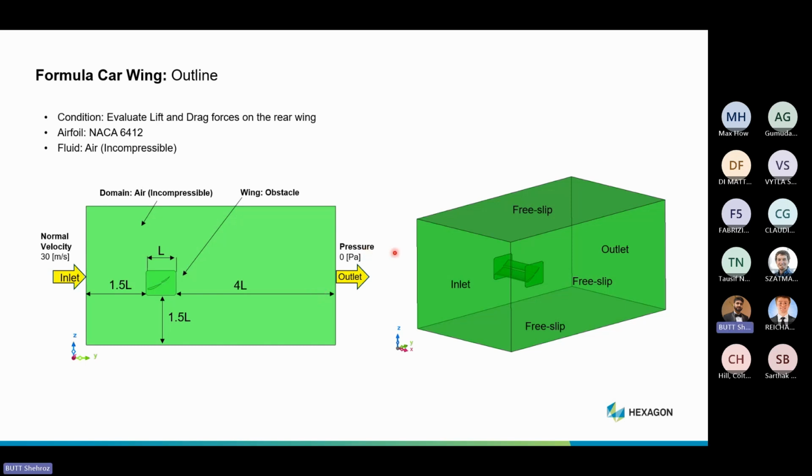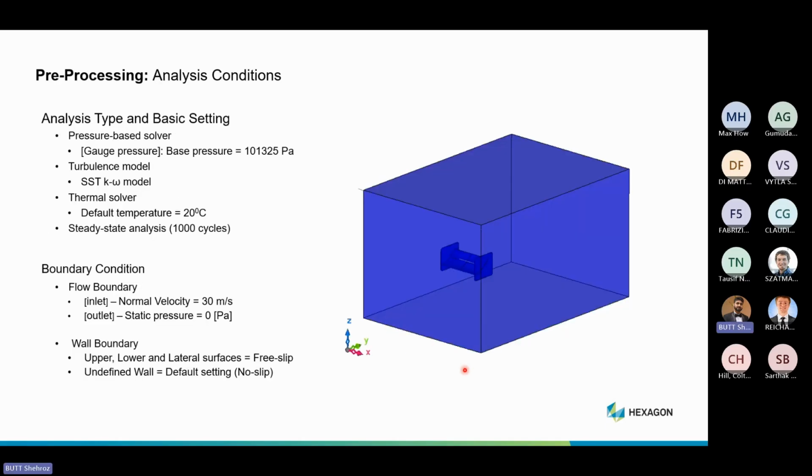Okay, and in terms of fluid, we are dealing with air, and our wing is modeled as an obstacle, so there are no material properties applied to the wing. In terms of simulation type, we'll be performing a steady state analysis with 1000 cycles. This is just for the safe side.